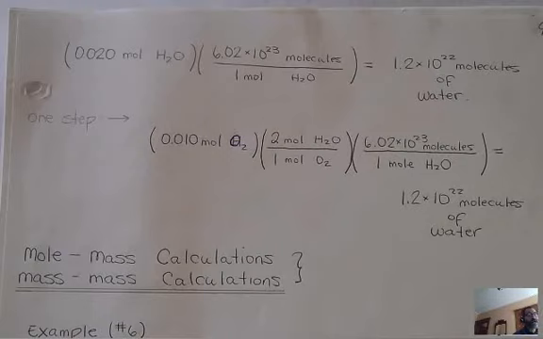Then when you have moles, look at the balanced chemical equation to get the coefficients, because the coefficients relate the moles of one material to the moles of another material. Then the last step is go back to grams. So we're going to go from grams to moles. Then from moles of one thing to moles of another, and then back to grams.